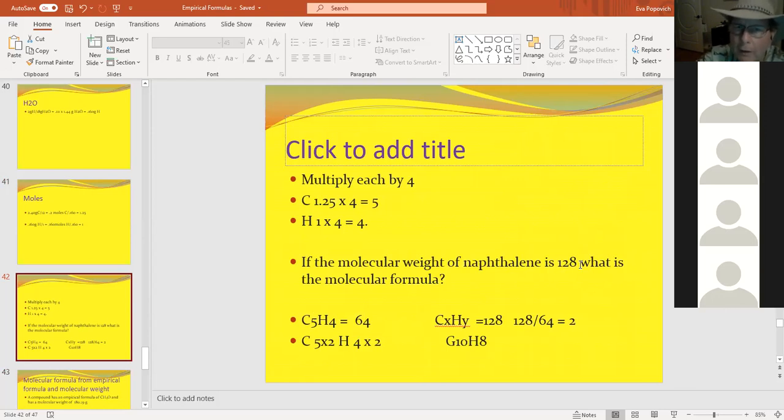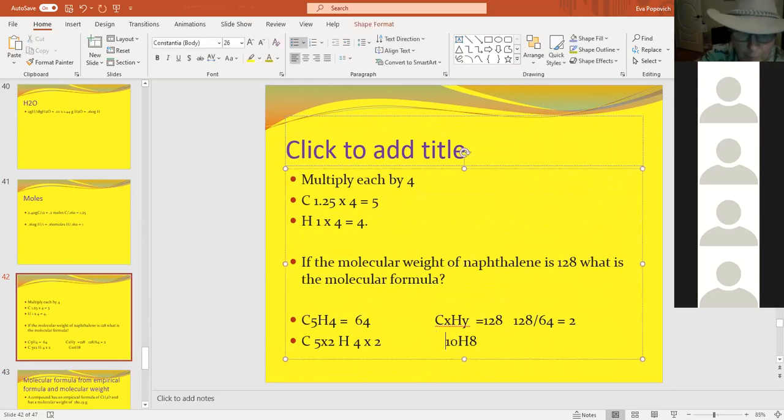In order to find the molecular formula, I need to find out what I have to multiply the empirical formula by. I divide the molecular weight by my empirical formula weight, I get a whole number. That whole number is what we multiply the original subscripts by. I divide 128 by 64, I get 2. So I multiply the 5 by 2, and I multiply the 4 by 2. This means that my molecular formula has to be C10H8.